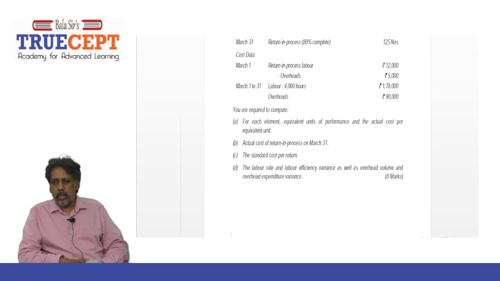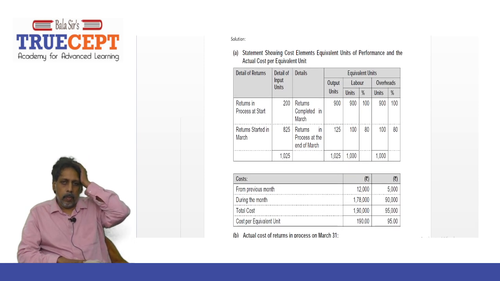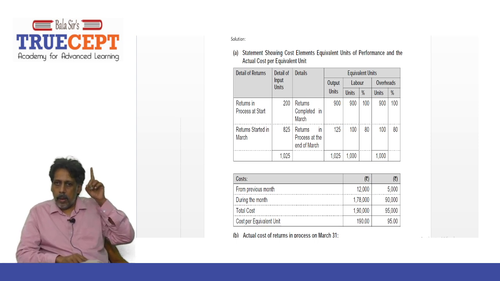Fine. Now let us go ahead and take on the first part, that is the answer to subdivision A. But do remember the company follows a weighted average cost method. Under this method, 900 units are completed.